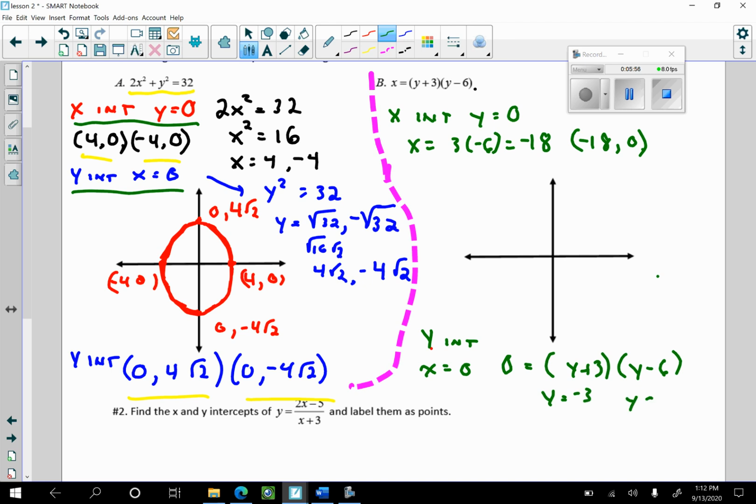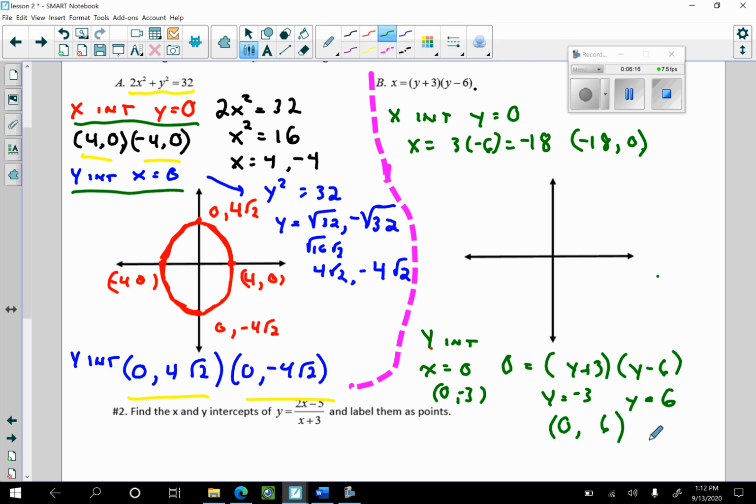Therefore, my y-intercepts are going to be 0, 3 and 0, negative 6. Or 0, negative 3. I had that mixed up. And 0, 6.